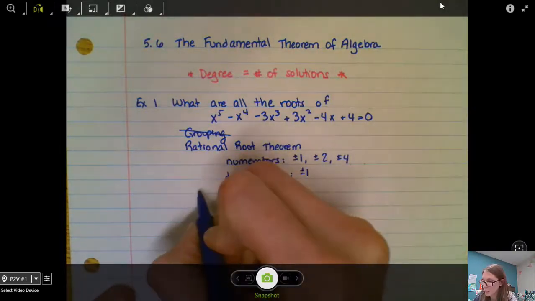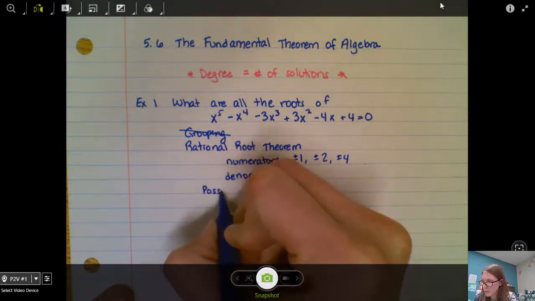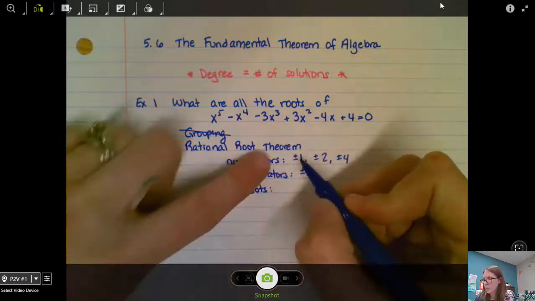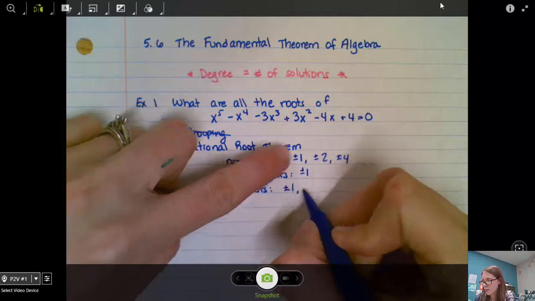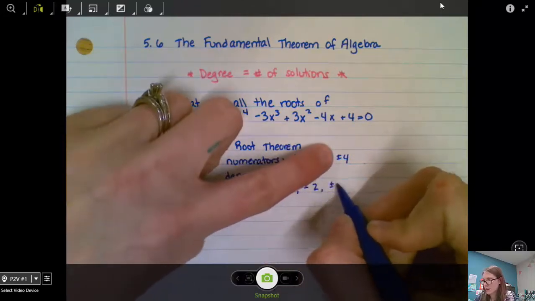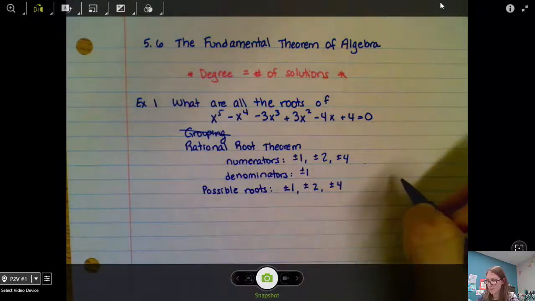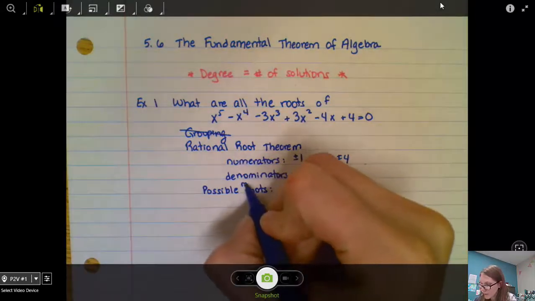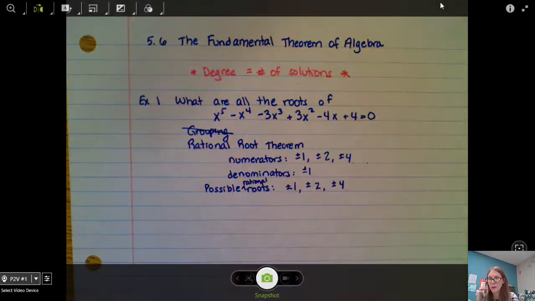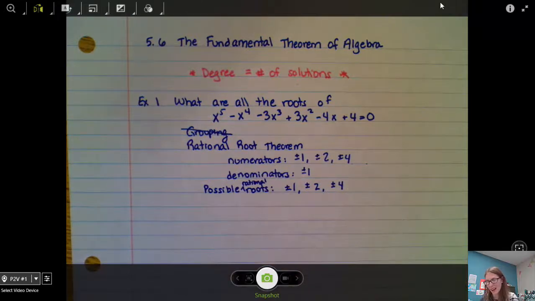So my possible roots could be plus or minus 1, plus or minus 2 over 1, plus or minus 4 over 1. And I should say these are my possible rational roots. We're keeping our fingers crossed that one of these actually is a root, and we can use that to keep solving our equation.